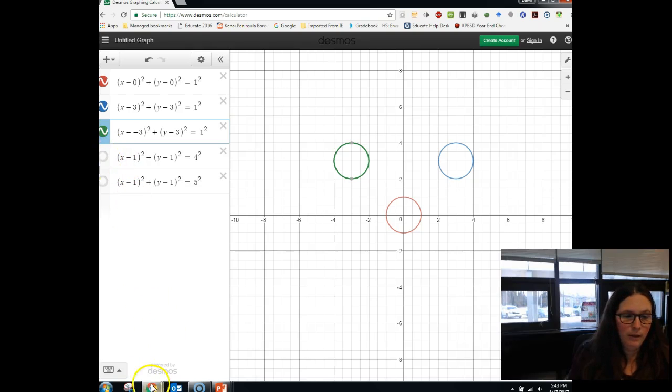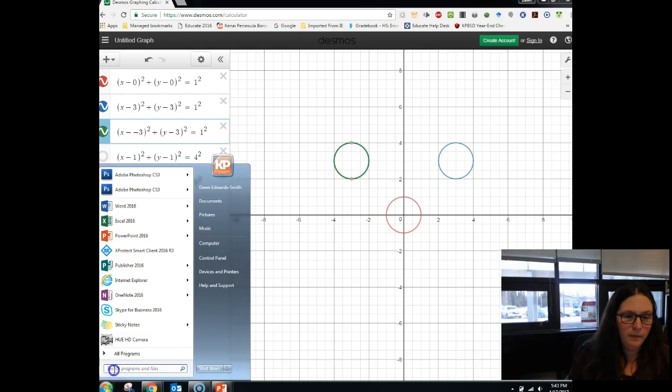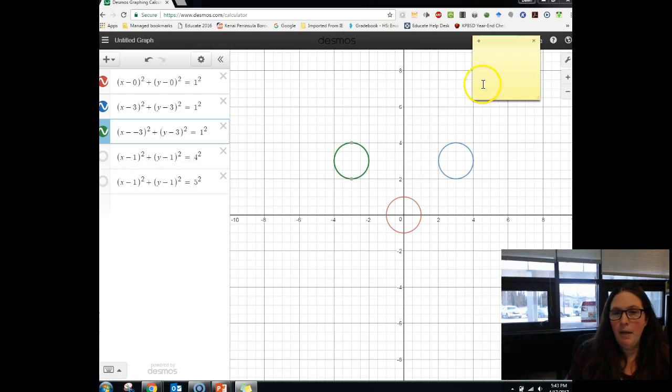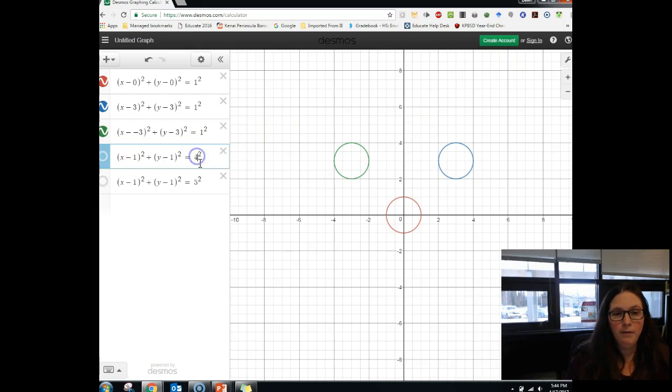So at this point, you should be able to say, okay, imagine that there was a problem that said you wanted to write the equation of a circle with a radius of 4 and a center at negative 1, 5. So you should be able to go into the equation now and say, all right, I'll start with a radius of 4.